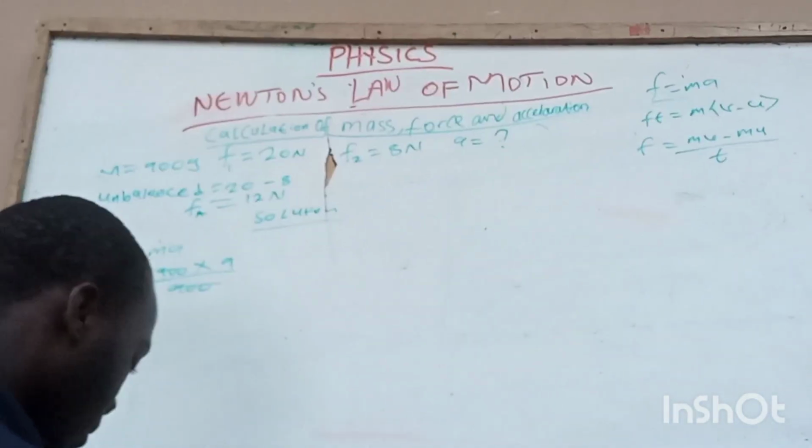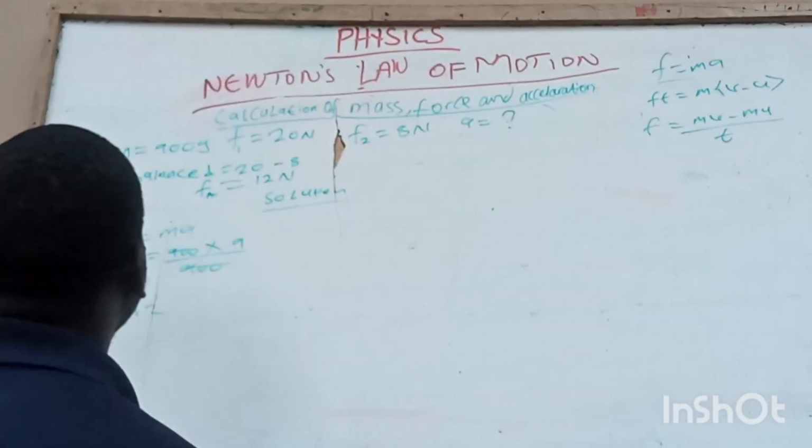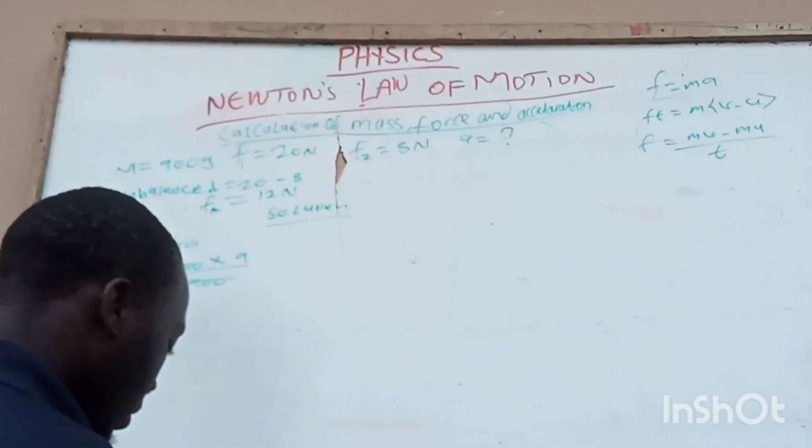So we have our force, which is 12, is equal to our mass 900, multiplied by our acceleration, which is the question. So divide both sides by 900. Our A will then be 12 divided by 900, right?